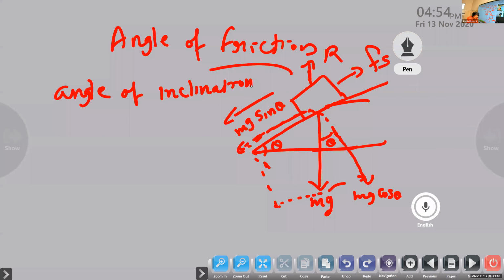is slowly increased until a body of mass small m resting on the plane is about to slide down.